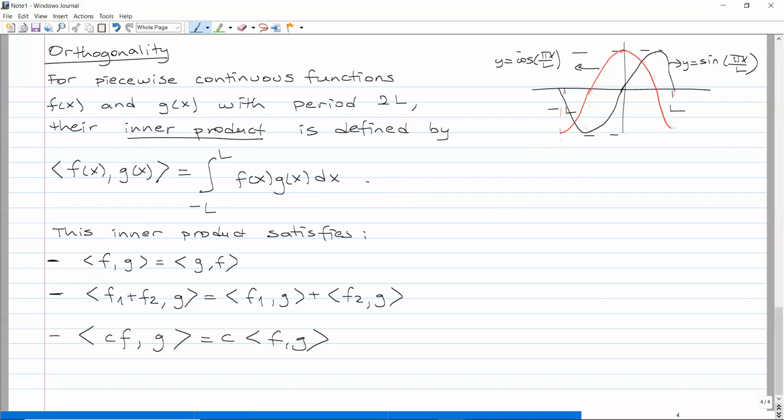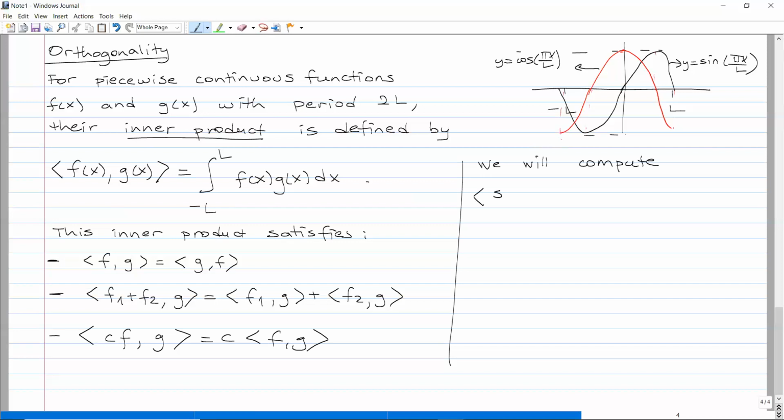Okay, now what we are going to do is compute this inner product for sine and cosine functions.